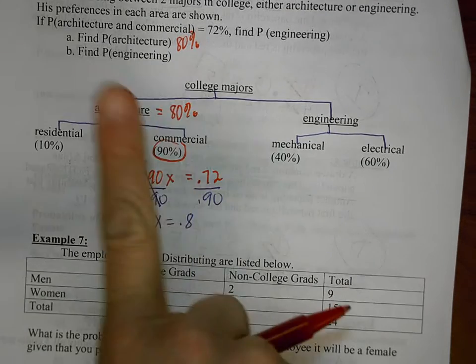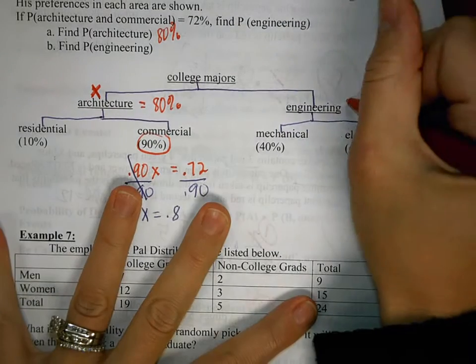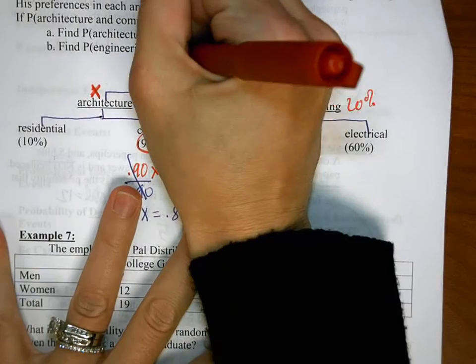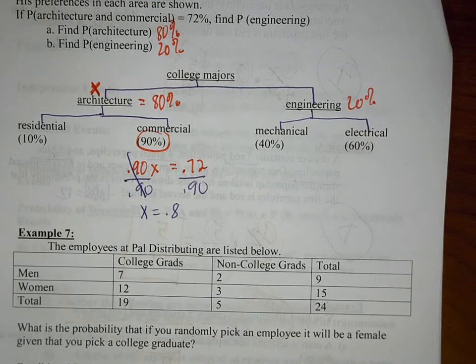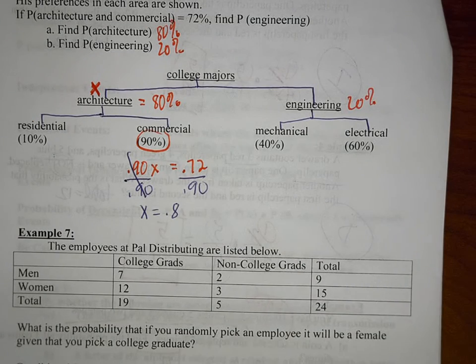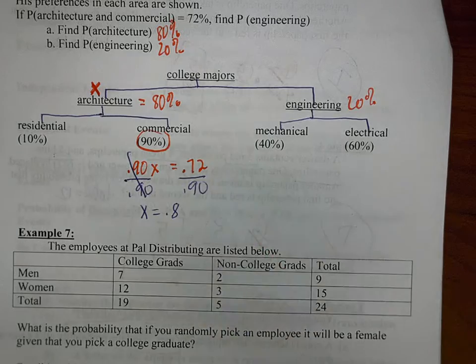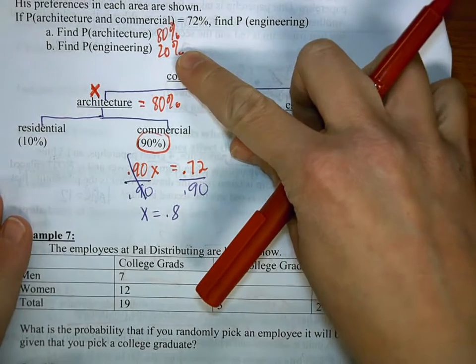So if architecture is 80%, how much is engineering? 20%. Is this good? All right. If you pay attention, this stuff isn't too bad. So A is 80% and B is 20%. They asked for those two things.